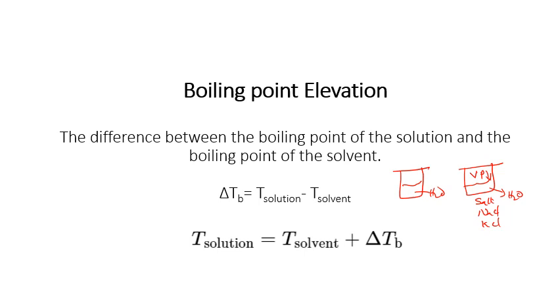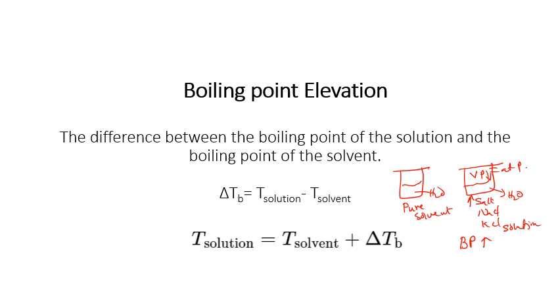So what happens is it will take more time to reach the atmospheric pressure. That means we have to keep adding heat energy to make the vapor pressure equal to the atmospheric pressure. So it will increase the boiling point. So what is the difference between the boiling point of the pure solvent and the solution?